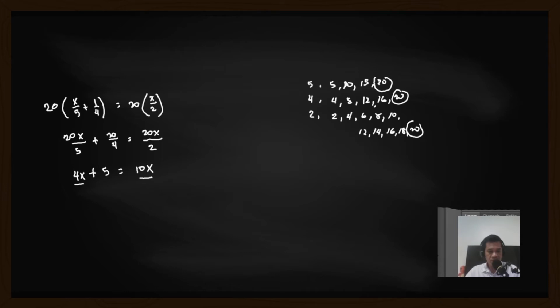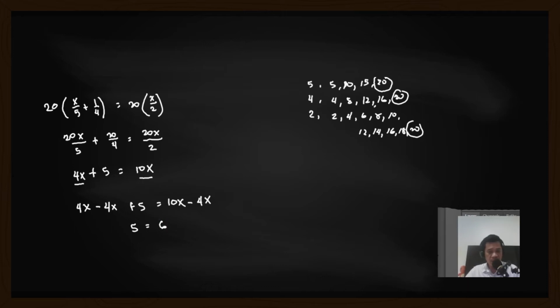So, by addition property of equality, we're going to add negative 4x here, and then just copy 5. And then we also add negative 4x here. Okay, so 4x minus 4x, that is equal to 0. And then the remaining, we have 5 only. And then on this side, 10x minus 4x. So we simply subtract the number. 10 minus 4, we have 6x.